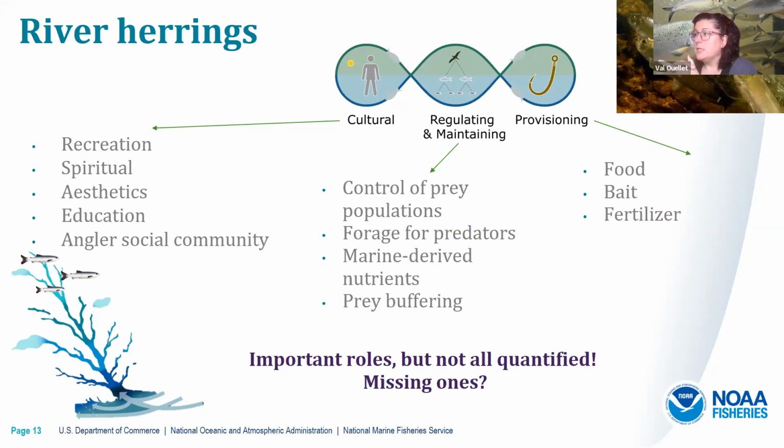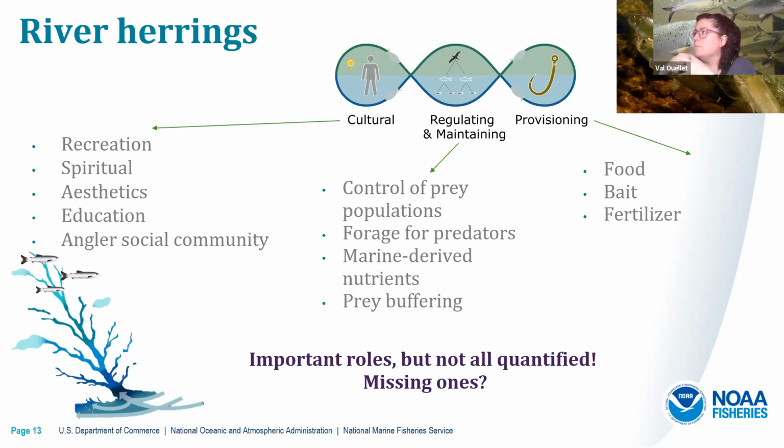Also regulating and maintaining: we know that they are involved in many predatory interactions. They serve as food, they eat others, and they provide a lot of marine-derived nutrients. When they are in sufficient numbers, they can also be used as prey buffering for other species. So again, safety in numbers when they all come into the river together. Provisioning includes food, bait, and fertilizer. So this is just to give you an example of what we know on river herring, for instance, and we can do that for all the species.